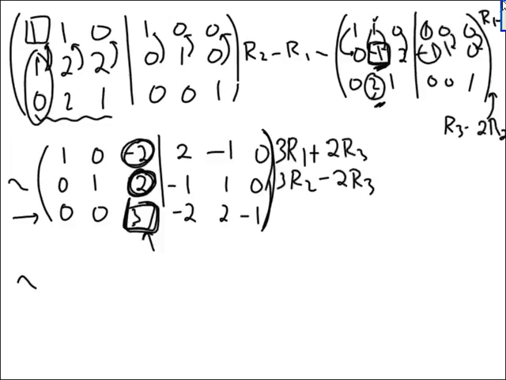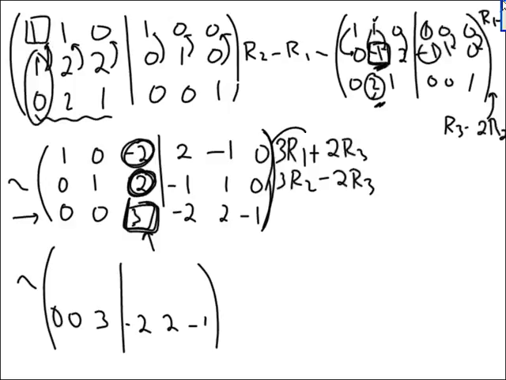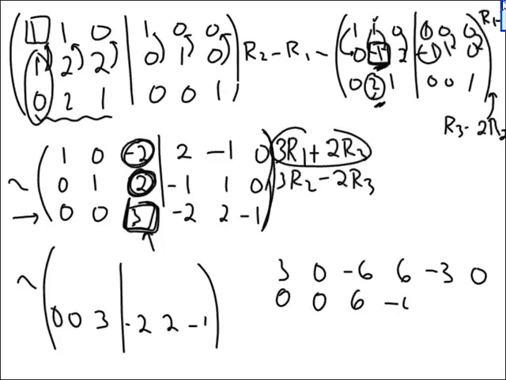Okay, so let me do my work here. So the third row is not changing. First row, 3 times row 1. 3, 0, negative 6, 6, negative 3, 0. 2 times row 3. 0, 0, 6, negative 4, 4, negative 2.